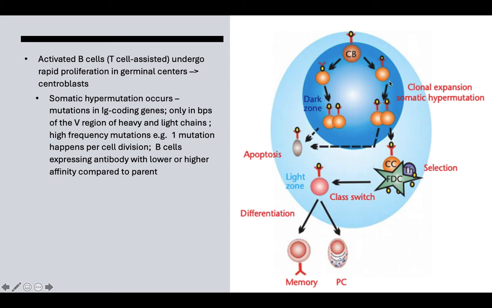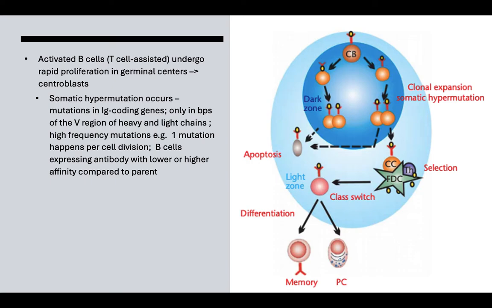Now, eventually, it will undergo somatic hypermutation, where Ig coding genes will have mutations within the variable region. The type of mutation characteristic for somatic hypermutation is very limited to the variable region only.